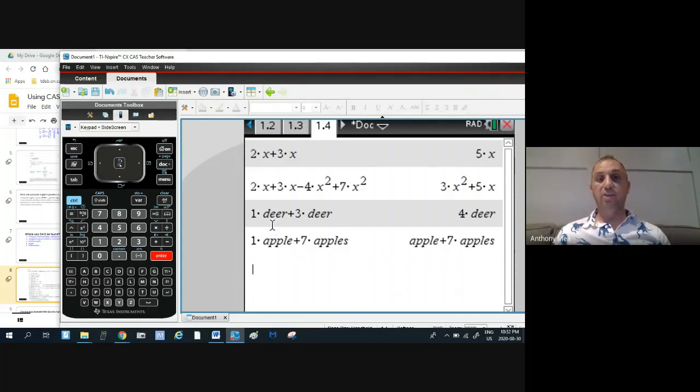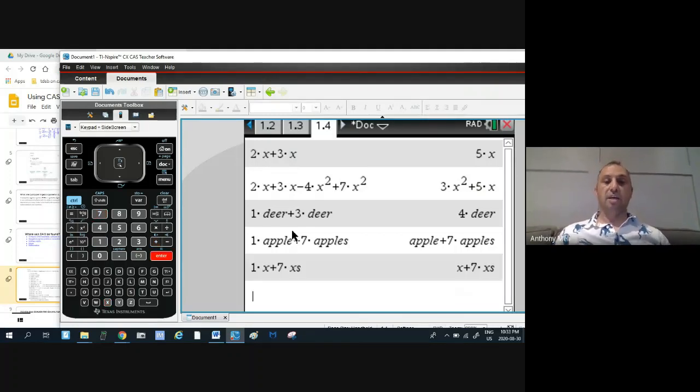It doesn't do that with deer because the plural form of deer is still deer. It would be like if I added 1x to 7xs. It treats those as not like terms because the variable coefficient is slightly different.